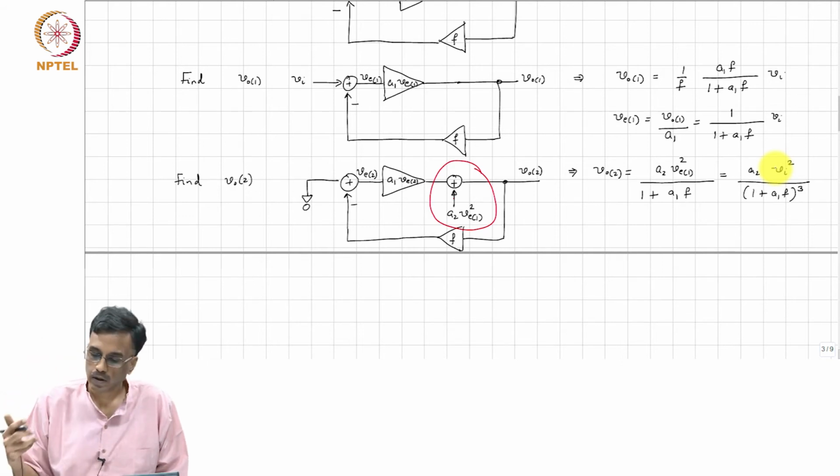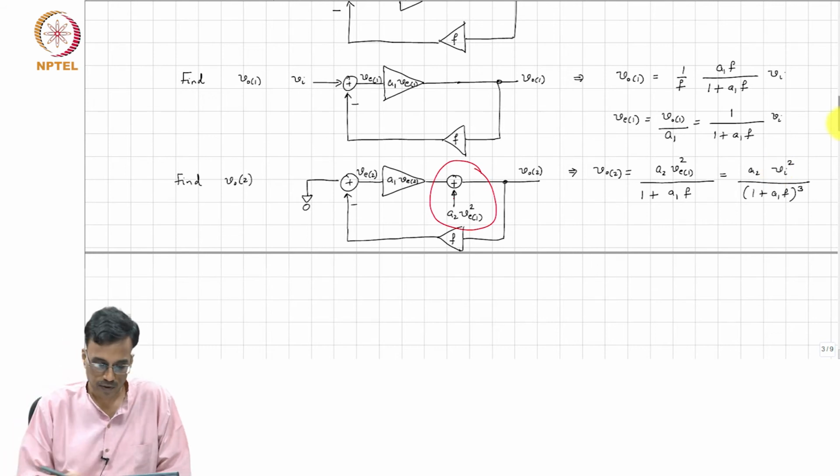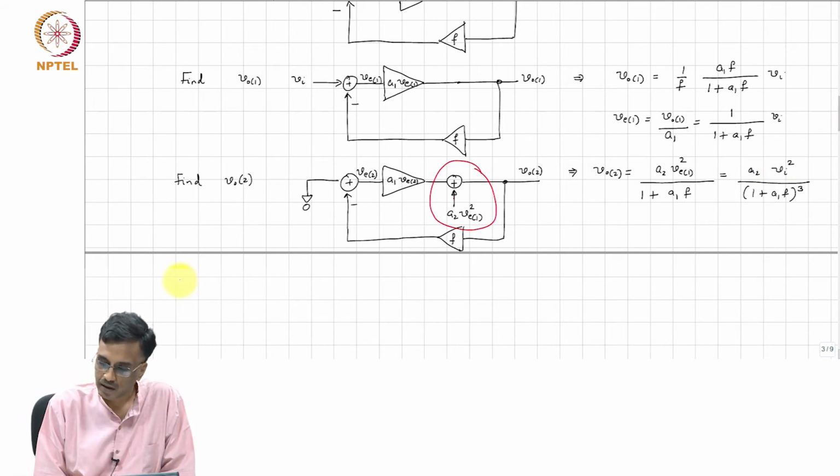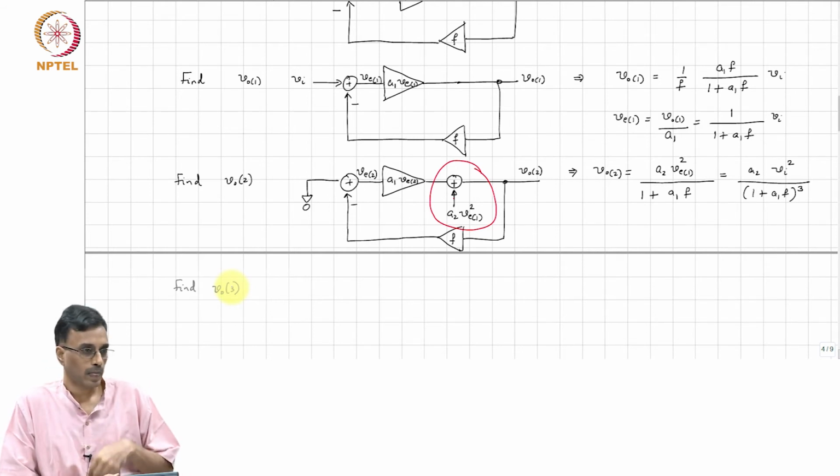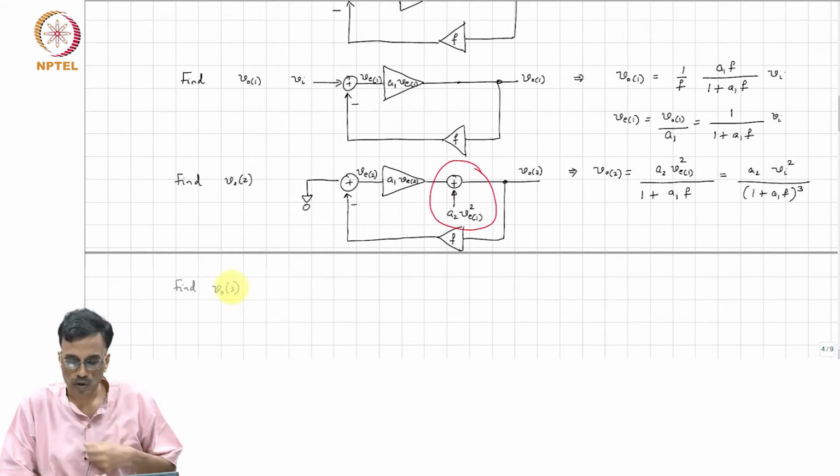Okay. Now, what did we say was the next thing is find VO3. All right. So, what do we do? How do we figure this out?